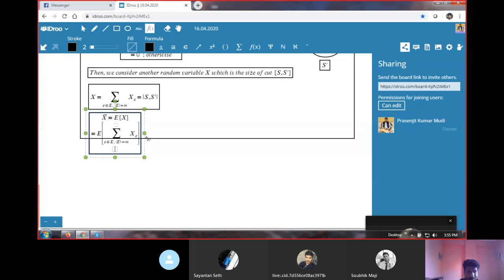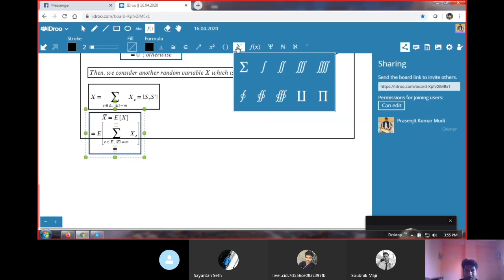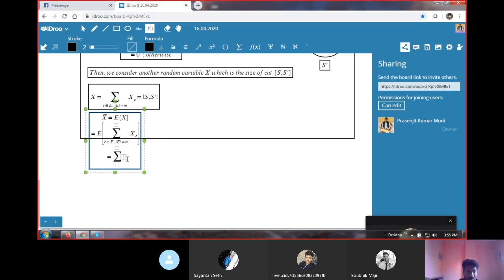Next line we shall have summation over expectation of xe, since the summation comes out of the expectation.